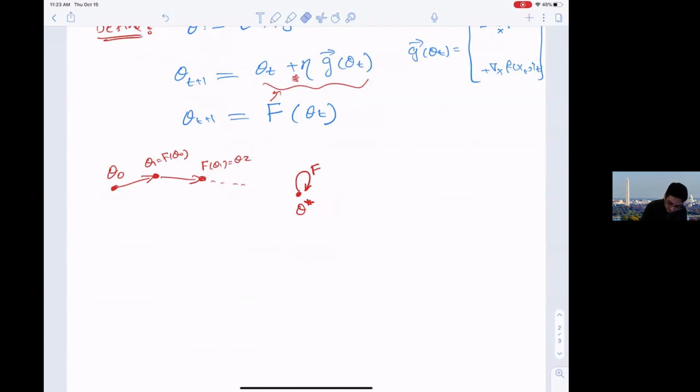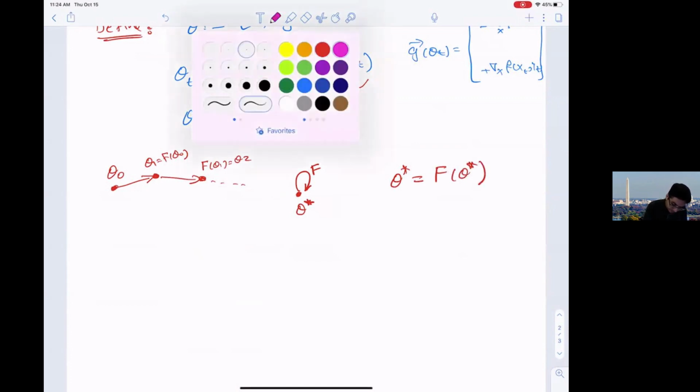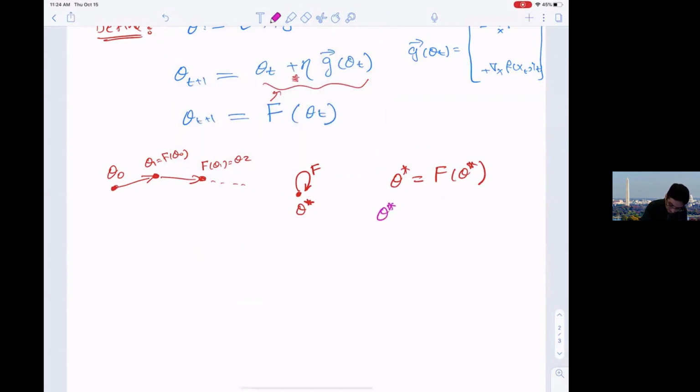So in that case, theta star would be the same as f of theta star. So here, theta star would be a fixed point of f.